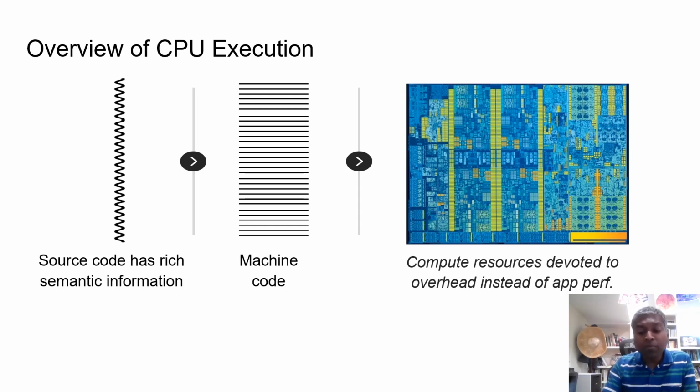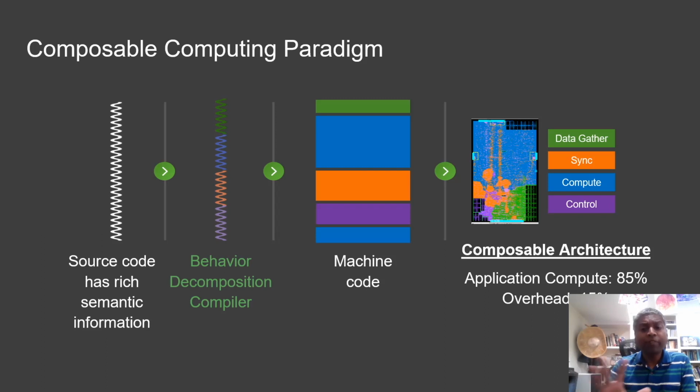With composable computing, we take a very different approach, and I'll break this up into the role of the architecture and the role of the compiler. Start with the source code that has rich semantic information.